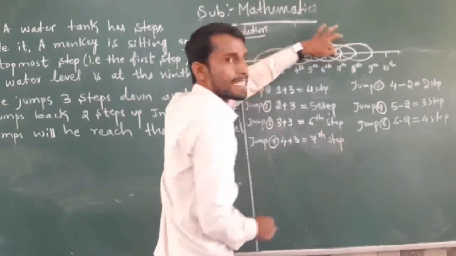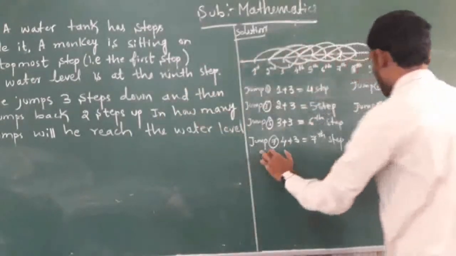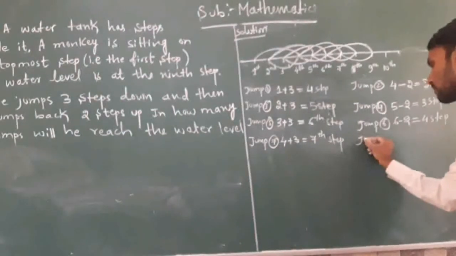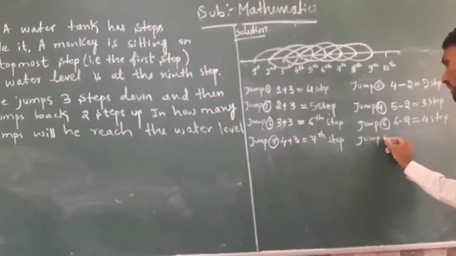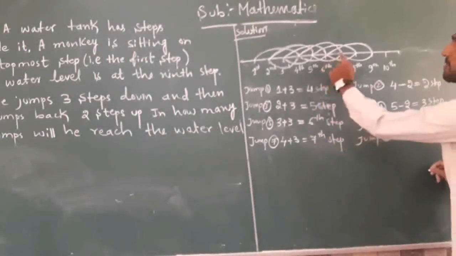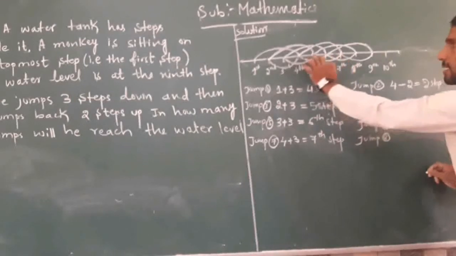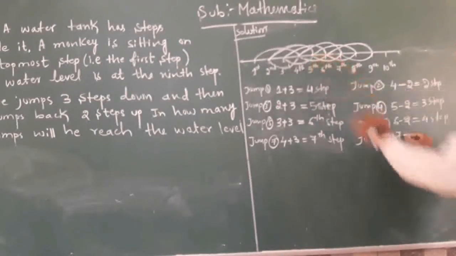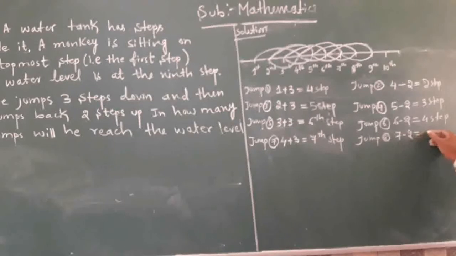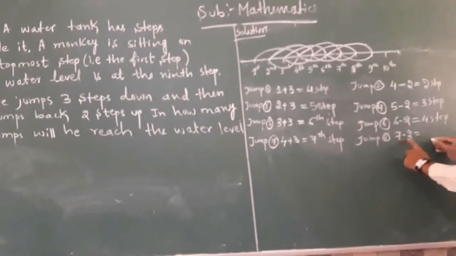Next, jump number 8. From 7, going back 2, so 7 minus 2. How much here? 5. This is the 5th step.